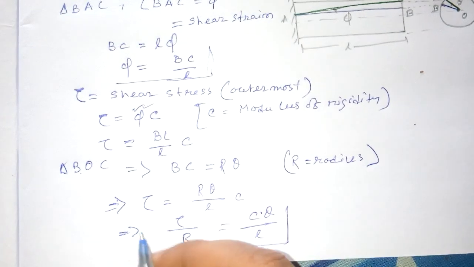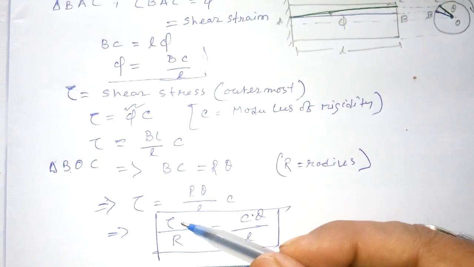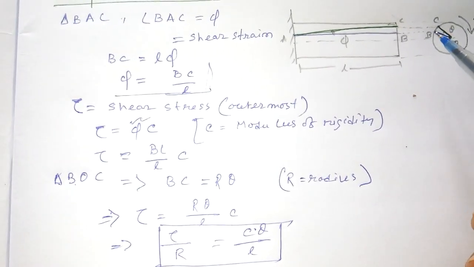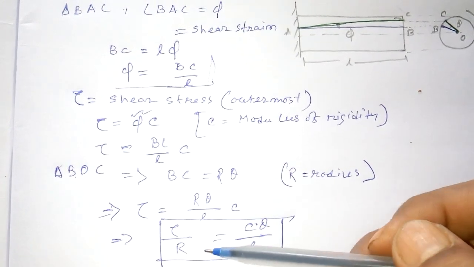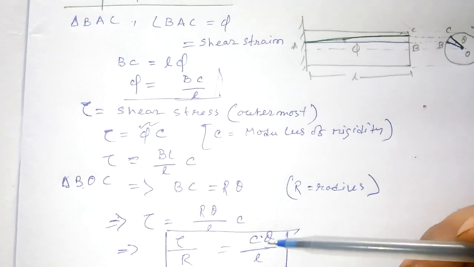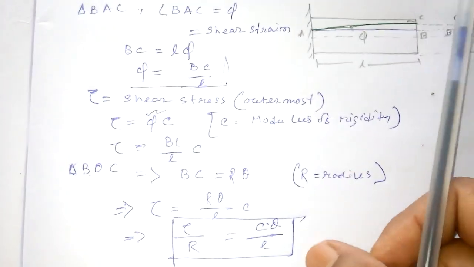So this is one relation between tau, the shear stress at the extreme layer, the modulus of rigidity, the radius of the shaft, the length of the shaft and the twisting angle. So this is the relation.